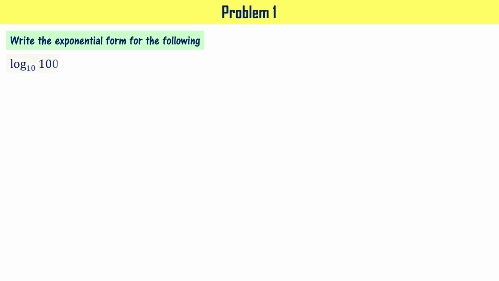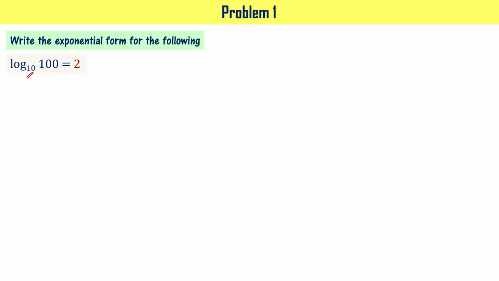Let's take a look at few problems. Problem number 1. Write the exponential form for the following. Log of 100 to the base 10 equal to 2. We want to write it in terms of exponents, exponential form. So you see here, I'm saying base equal to 10, right?